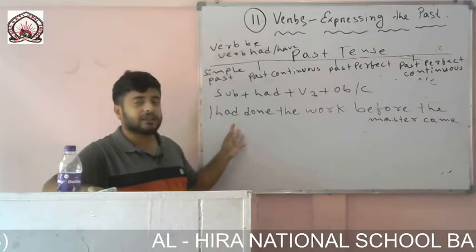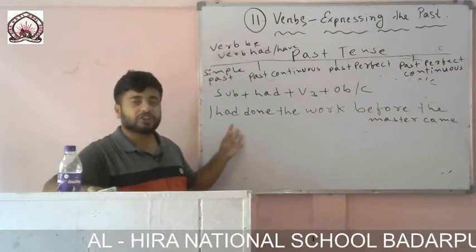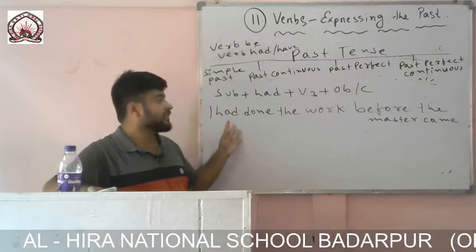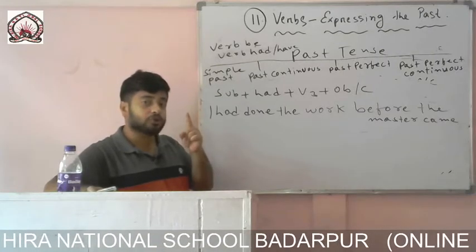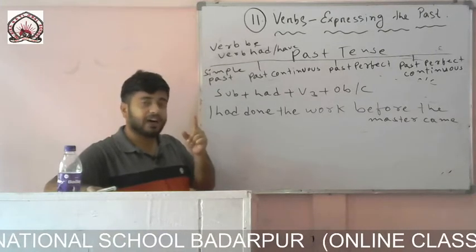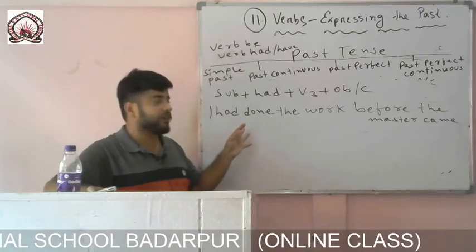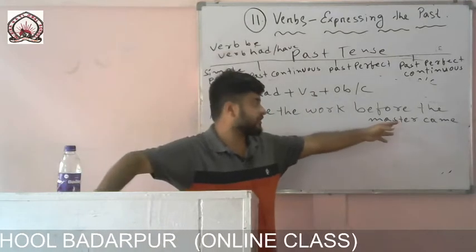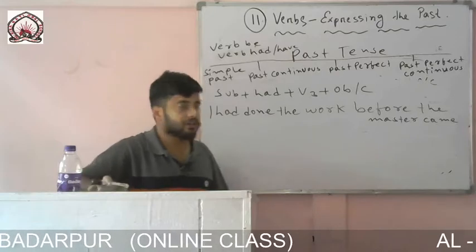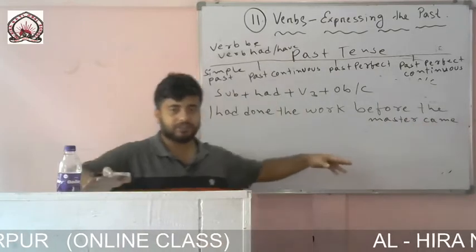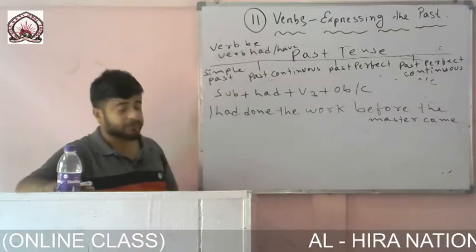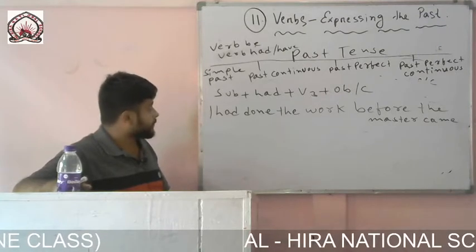As I said earlier, if two actions take place in the past, then for the first action, that means the action which took place first, we have to use what? Past perfect, and for the second action past indefinite. So came is past indefinite. The master came.